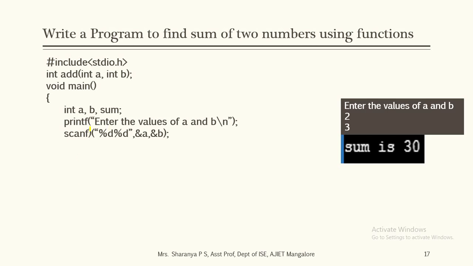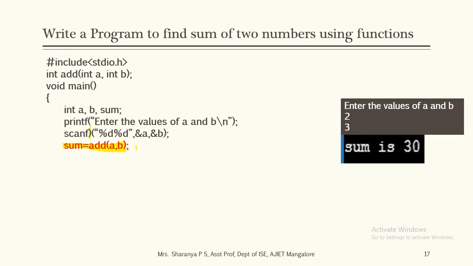Please ignore this bracket. And then after that, we are calculating the sum. Before, we used to perform the addition of two numbers in this main function itself. Now, our task is to perform this addition in a separate function.